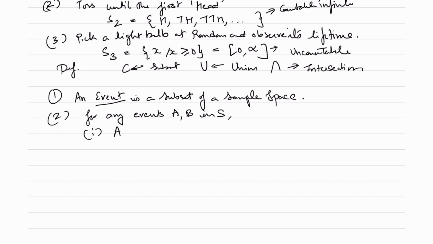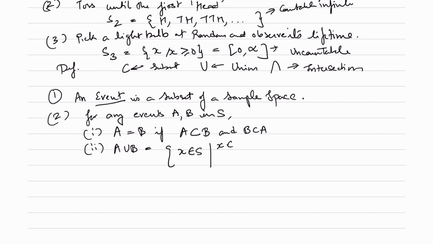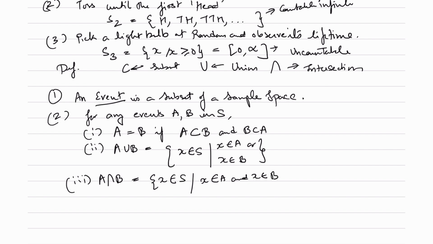One is that A is equal to B if A is a subset of B and B is a subset of A. The other condition is that A union B can be written as the set of x in the whole sample space where x is an element in A or x is an element in B. The third is A intersection B, which is the set of x in the sample space where x is an element of A and x is also an element of B.